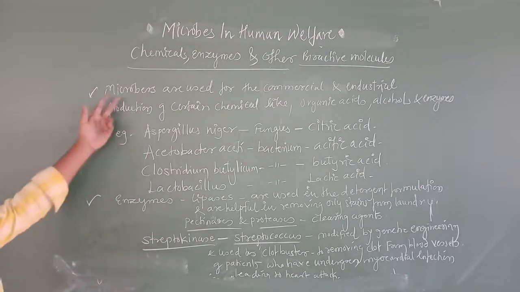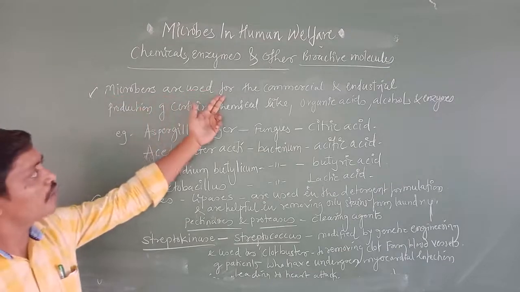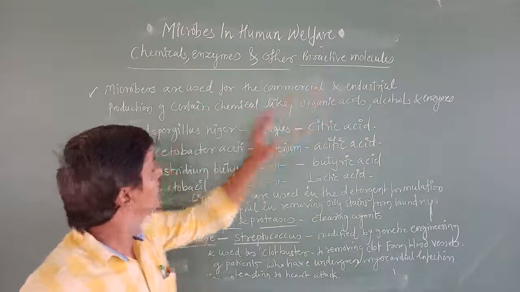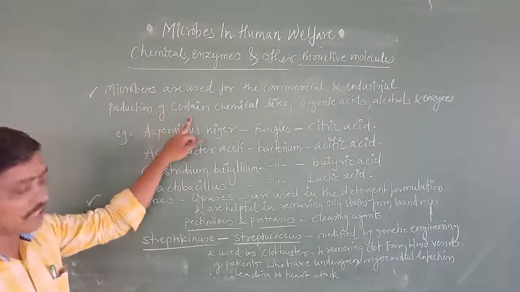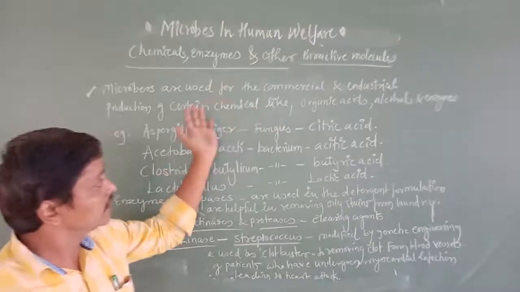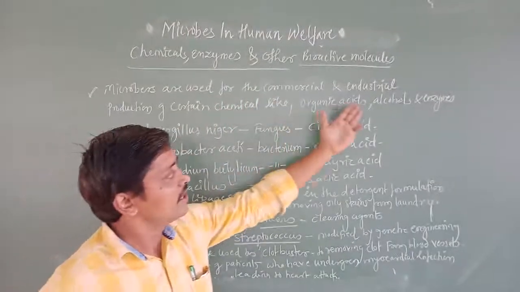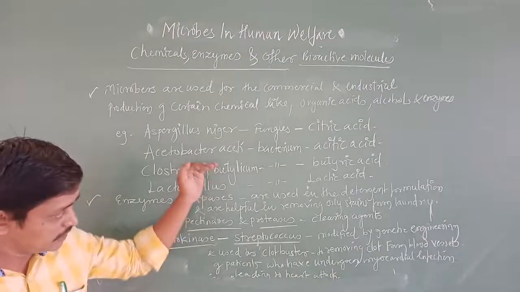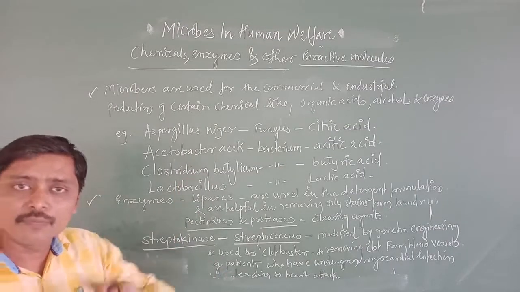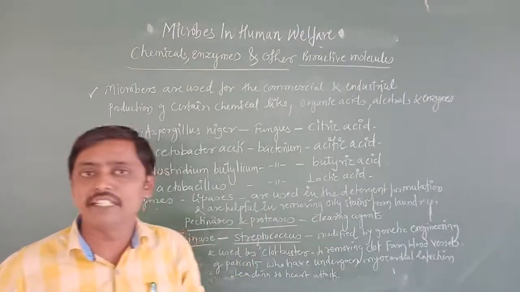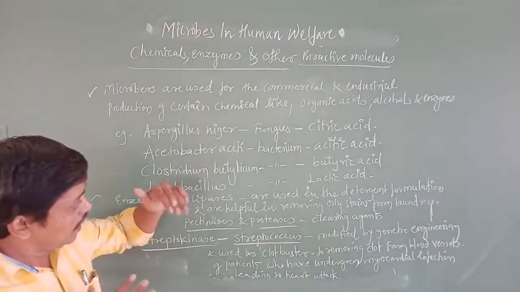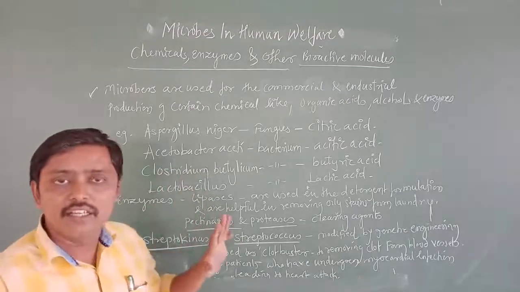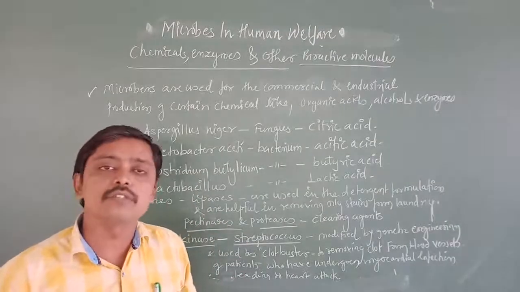So here I have written the first one. Microbes are used for the commercial and industrial production of certain chemicals like organic acids, alcohols and enzymes. One name I have not mentioned on the board, and that is homework for you because you have heard the name.